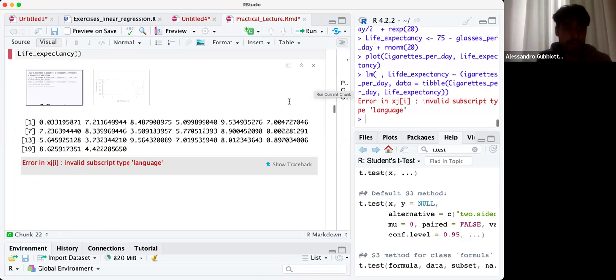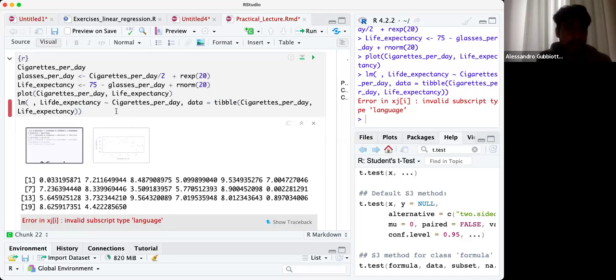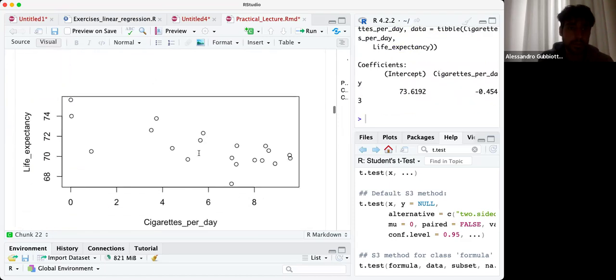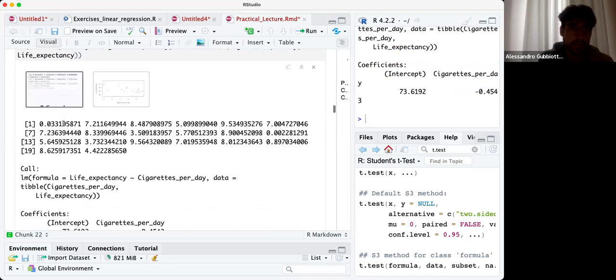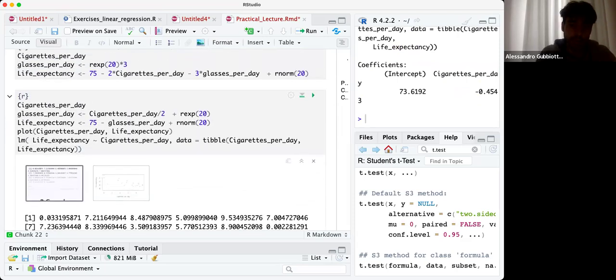Okay, here there is no effect. I need also to make a summary of this model.